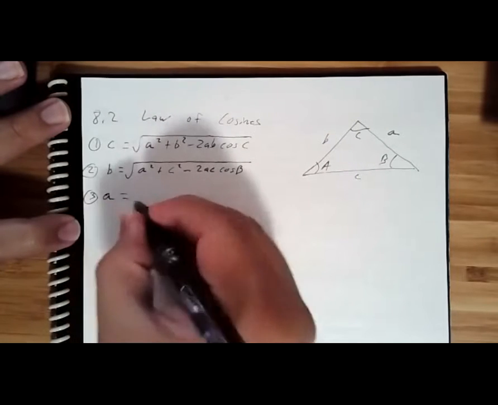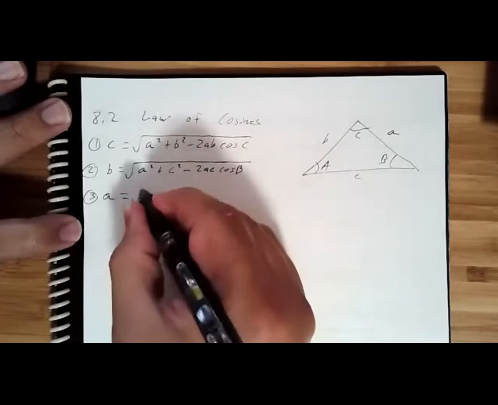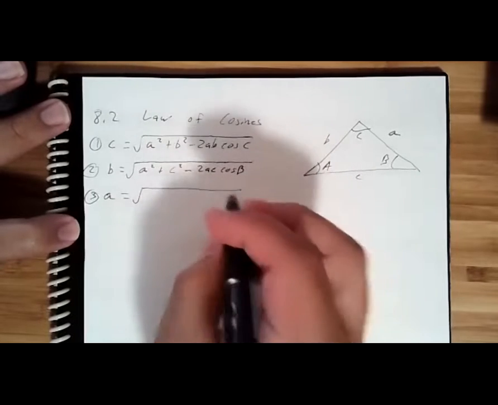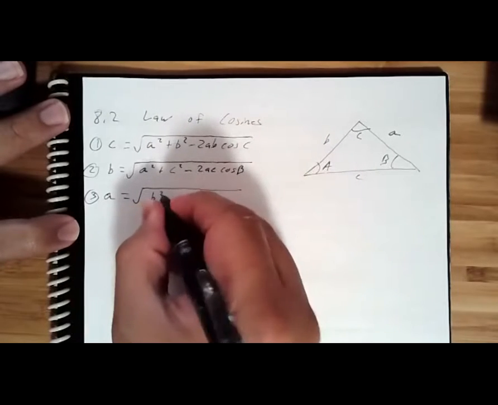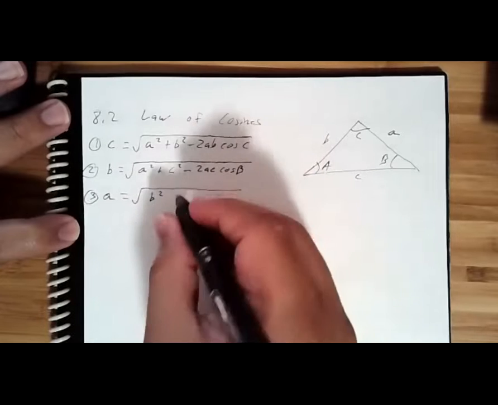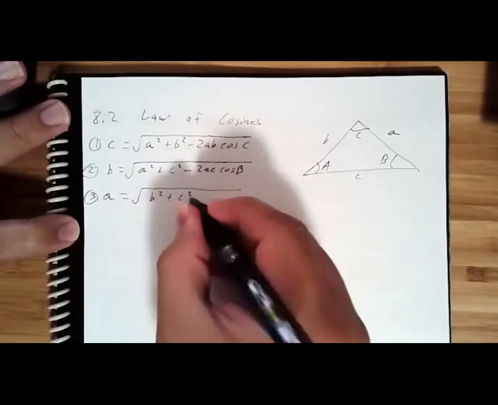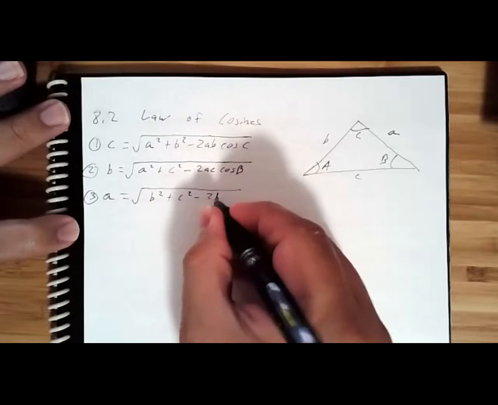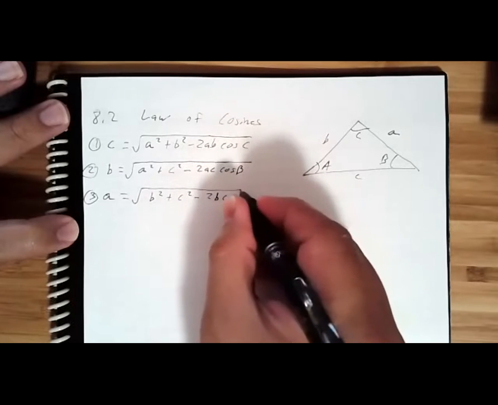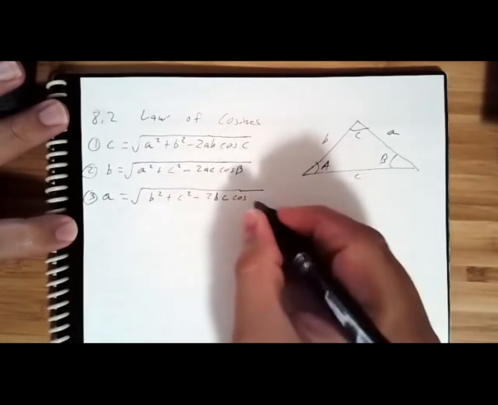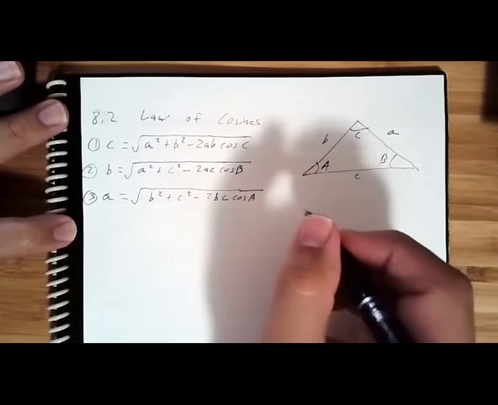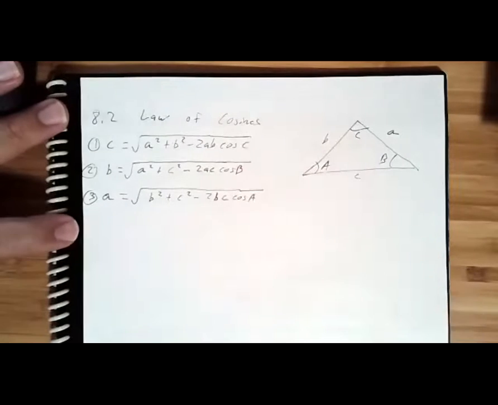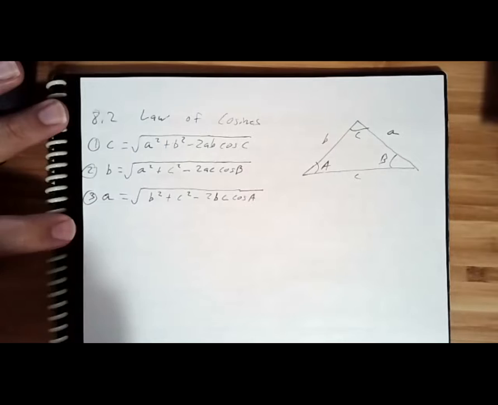That way all you had to do is plug stuff in. So this is b squared plus c squared minus 2bc cosine of A. Okay.